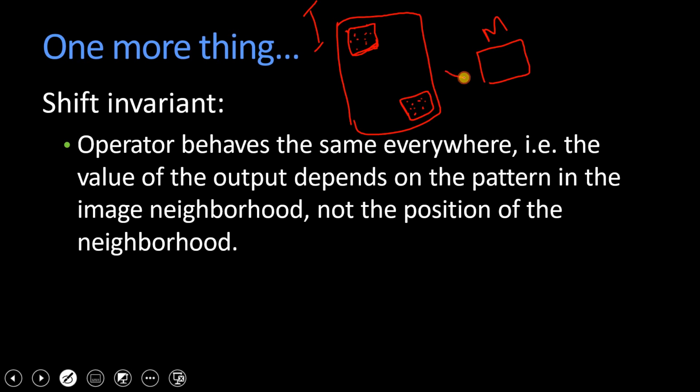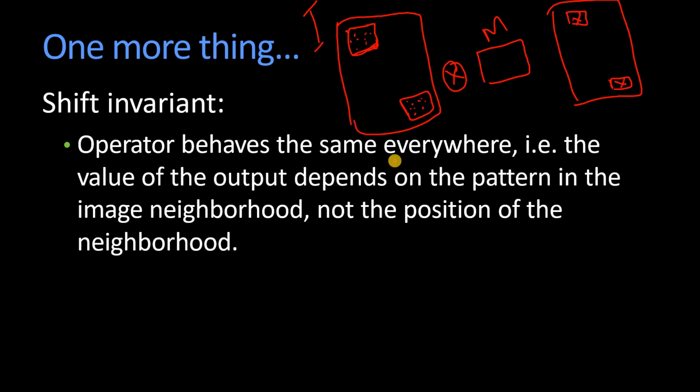Now when you apply the correlation, for example, the result should be the same at both these places. If the result here is X, the result in the other location should also be the same. So the operator behaves the same everywhere. That is called shift invariant.